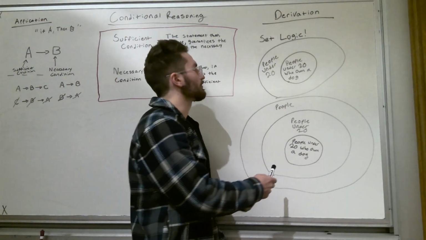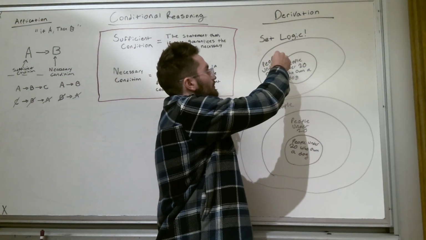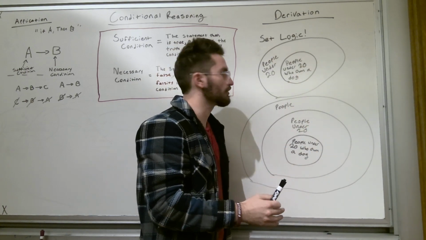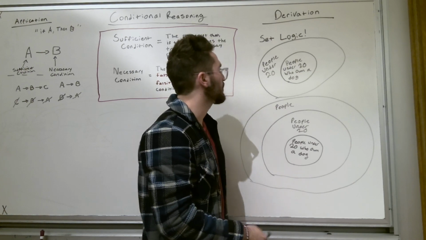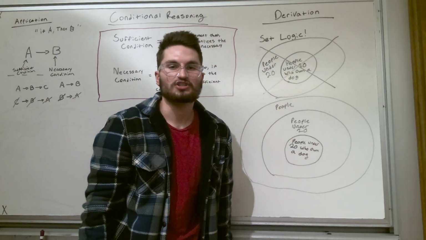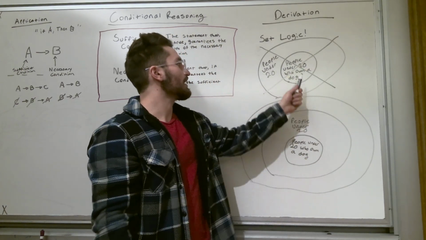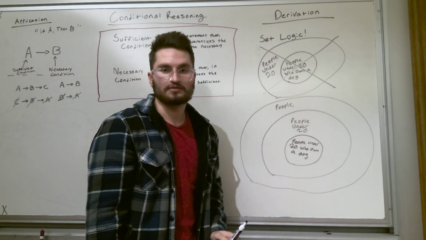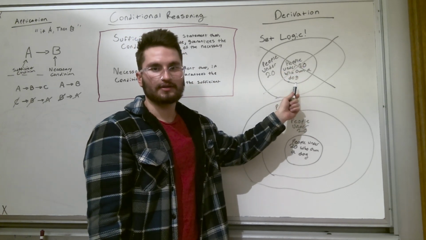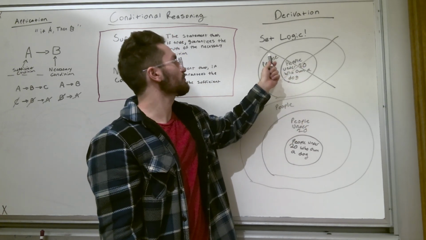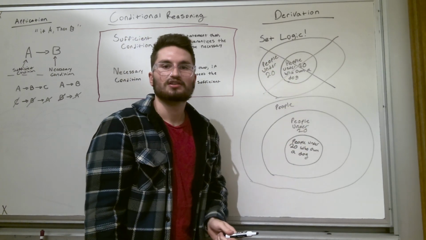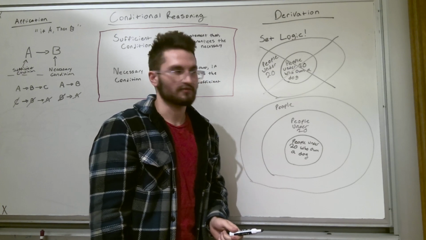And if we were to say here that you are not a member of the superset, which is being a person under 20, if we know for sure that you are not a person under 20, then that is sufficient information to conclude that you are not a person under 20 who owns a dog. Because being a person under 20 who owns a dog is the subset. And if you're not a member of the superset, it is logically impossible to be a member of the subset. So that is where the necessary condition comes from.